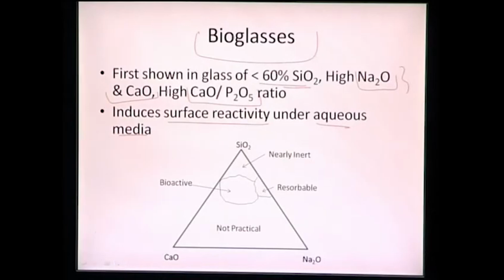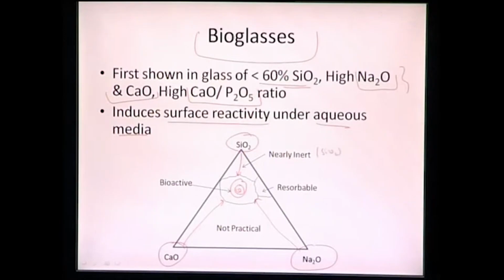So this is how the combination of silica, calcium oxide and sodium oxide is available, that we obtain certain regions: a certain combination of around 60% silica and some combination of CaO and Na2O results in a bioactive region, and a region which is higher in silica is highly inert because of the formation of silicon oxide.